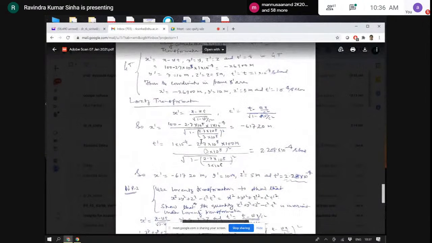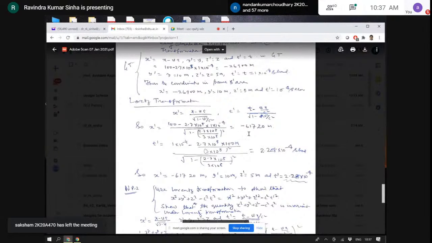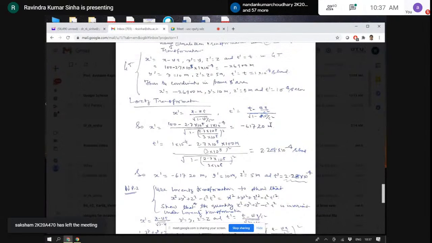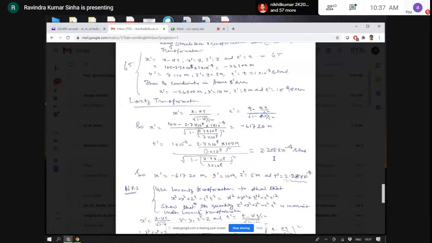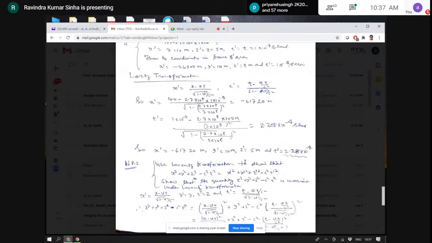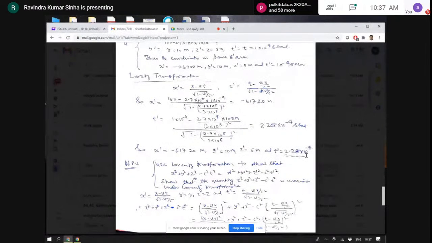So if you substitute, it will be coming this many meter. Okay, I hope I have done correctly, but this is the meter. Similarly, t dash will be, that interval will be recorded 2 × something × 10^-4 second. So x dash is this, y dash, and t dash is this much.